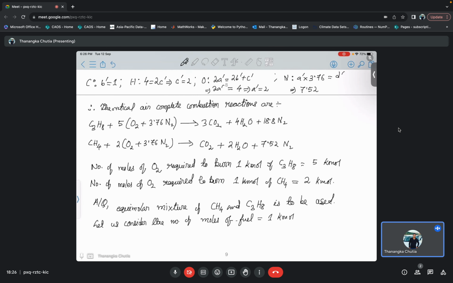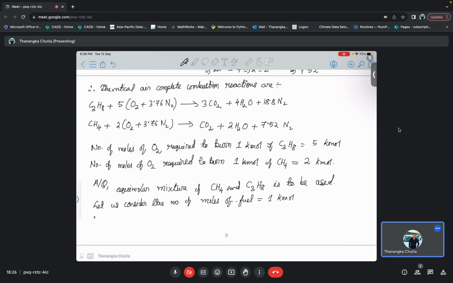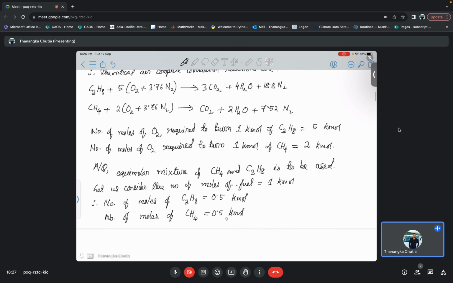So I have considered the number of moles of the fuel as 1 kilomole. Therefore number of moles of propane will be equal to what? 0.5, and also number of moles of methane is also equal to 0.5 kilomole. Okay, so since they are equimolar, we have taken the total number of moles just like the previous questions.